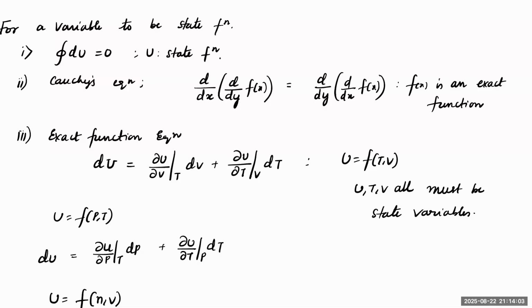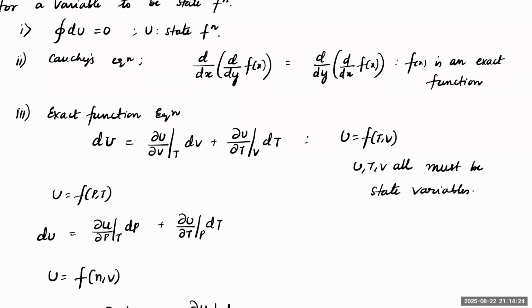And if f(x) is an exact function, we should also be able to write the change in that function, any small change, as it depends upon the initial and final condition. We should be able to express it in multiple variables using partial differentiations.